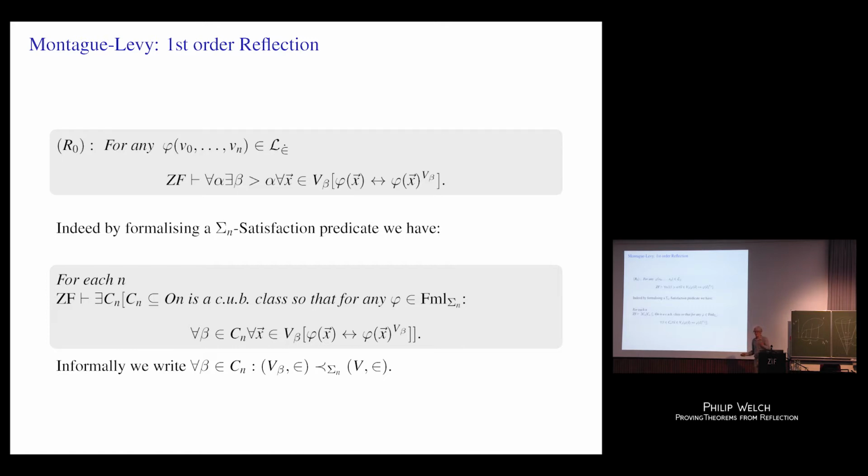If you could, you could show that there would be models of ZFC in ZF, which of course we can't do. So informally, we can write for such classes that V beta is sigma n elementary in V. So it's a theorem of ZF.